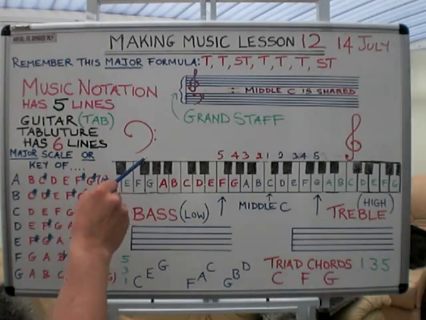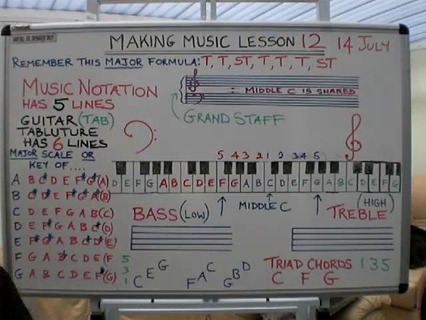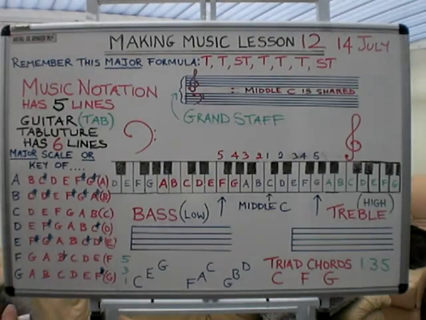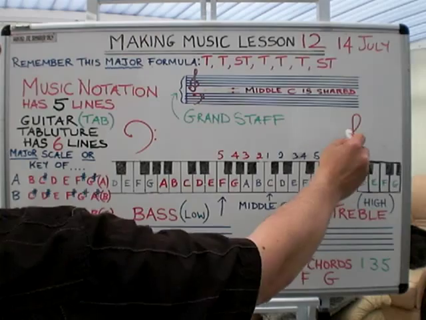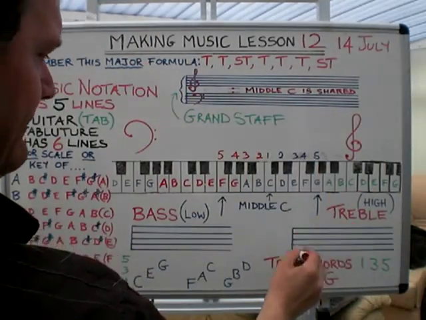This is called a bass clef. This is called a treble clef. And the positions we put them on here, take for example there, that is a treble clef, but it's also called a G clef. Let's have a look.